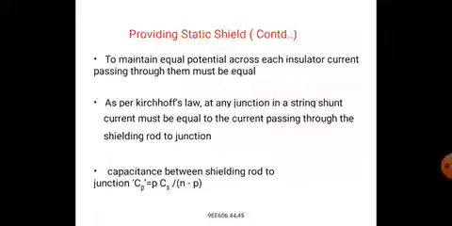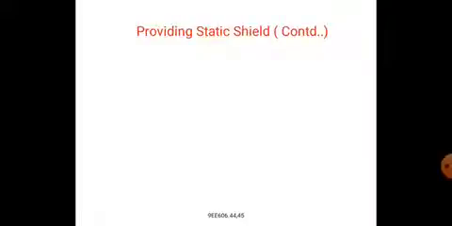The capacitance between the shielding rod and the junction is Cp equal to P into Cs by n minus P. That is, Cp equal to Cy equal to Cs by n minus 1, and Cx equal to 2Cs by n minus 2. Then Cz, for three conductors, is 3 into Cs by n minus 3. So that is the general formula: Cp is equal to P into Cs by n minus P.